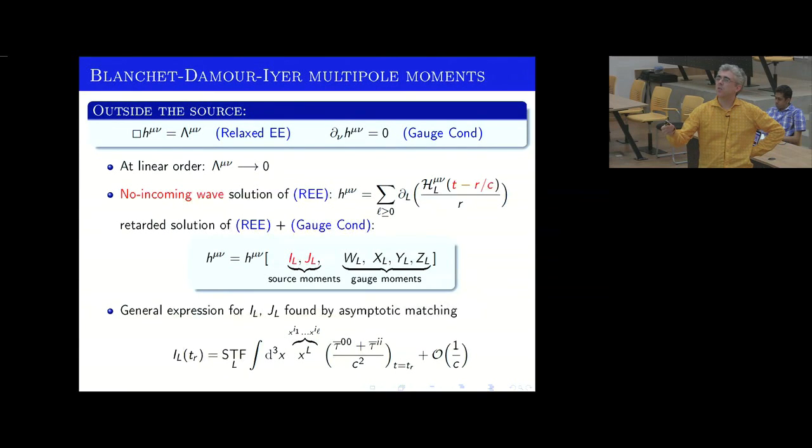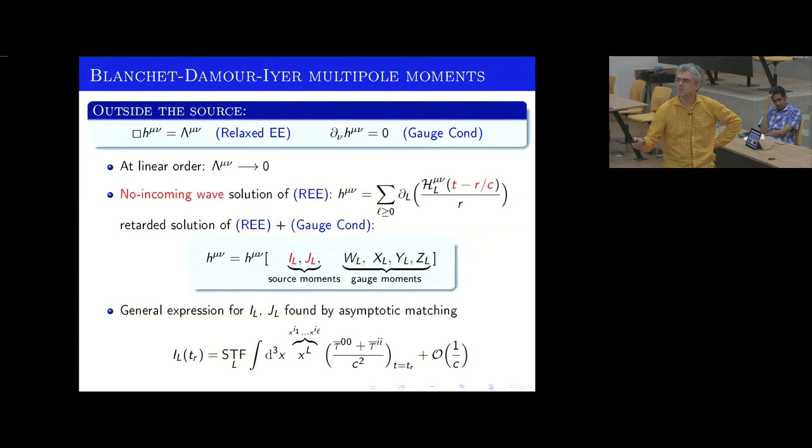And therefore, after a small rearrangement of this solution and imposing the fact that we have this gauge condition, we find that h mu nu is a functional of some source moments and gauge moments. The source moments are the mass type and current type moments, and they can be computed using asymptotic matching techniques as explicit integrals over the source.